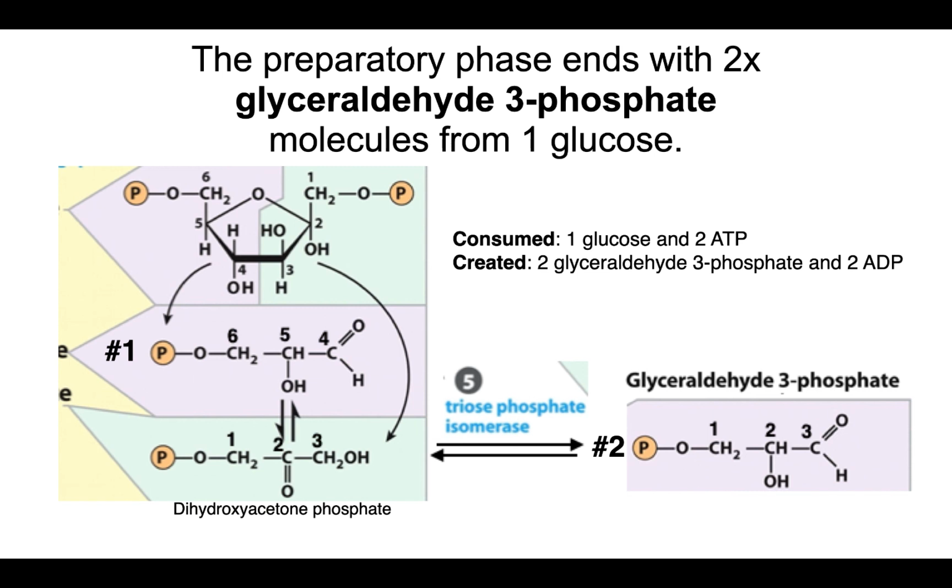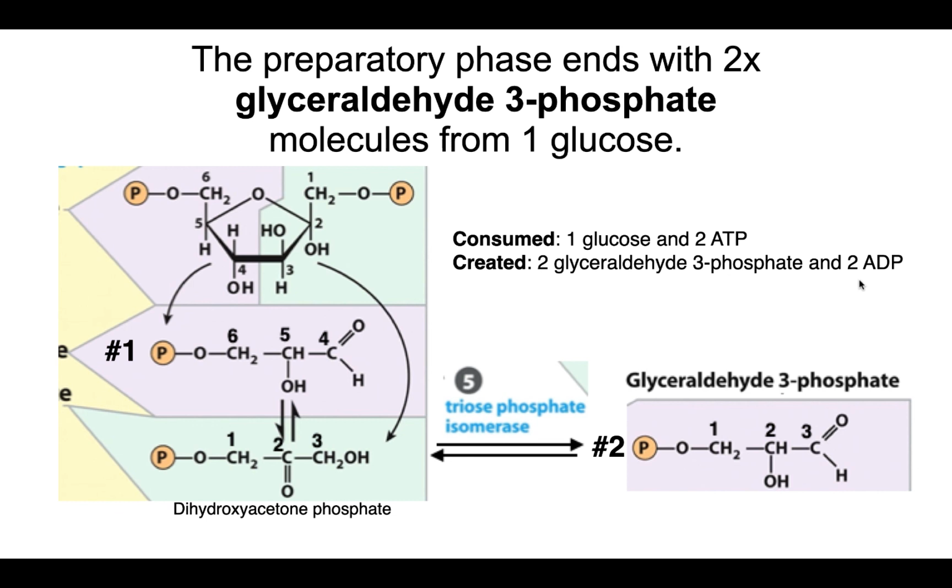So by the end of the preparatory phase, what we have done in 5 reactions and 5 enzymes is we have taken 1 molecule of glucose and 2 molecules of ATP, and we've converted them into 2 molecules of glyceraldehyde 3-phosphate, and then our waste products, if you will, of 2 ADP that will get recycled eventually back into ATP in a different form of metabolism.